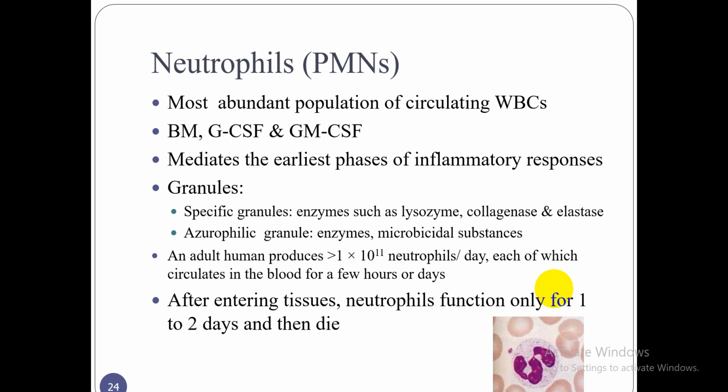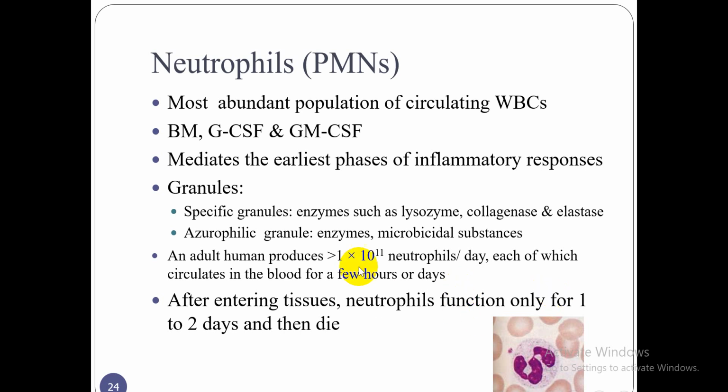Neutrophils could mediate the earliest phases of inflammatory responses. As you know, the first cell that enters the site of infection from the blood circulation is the neutrophil, and these neutrophils have some kind of granules.